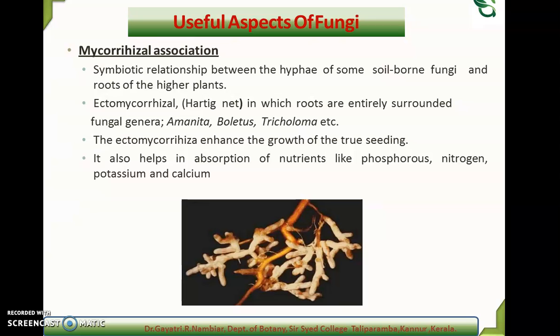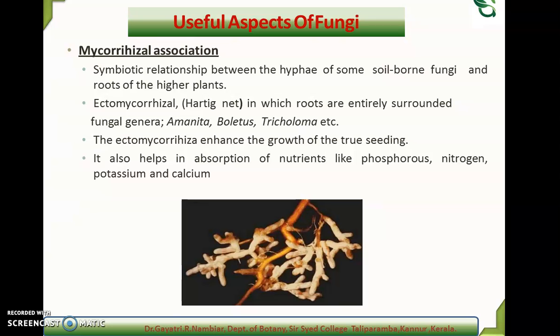Now here in today's class, we deal with some of the other aspects of fungi, like mycorrhizal association. Mycorrhizal association is the symbiotic relationship between the hyphae of soil-borne fungi and roots of higher plants.